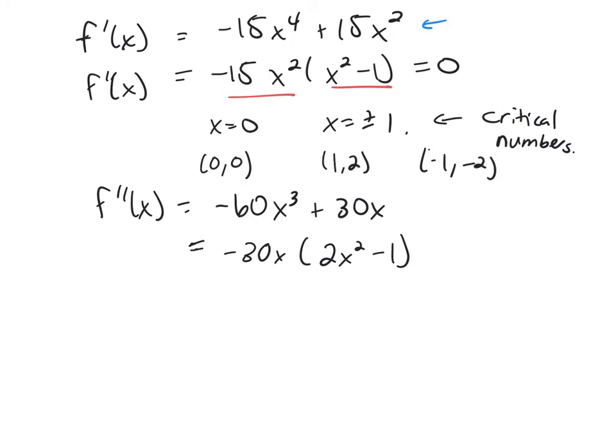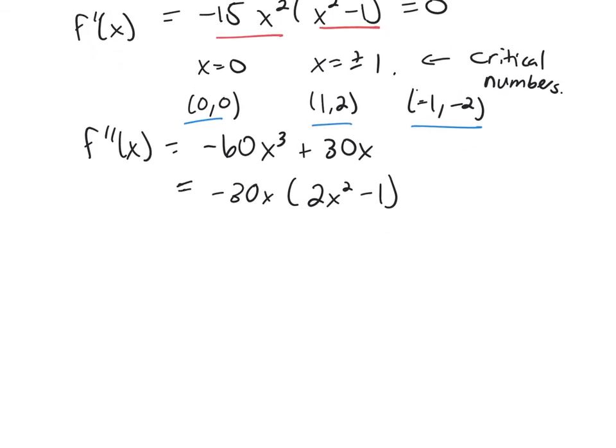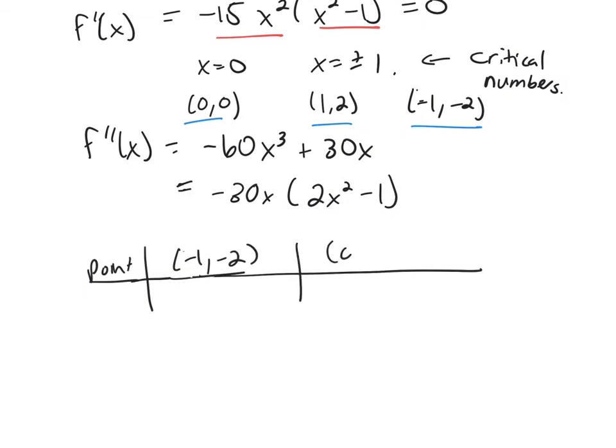So we're going to take these 3 points here and see what sign our second derivative has. So I'm going to make a chart. Here are my points. We'll start with -1, -2, 0, 0, and 1, 2.